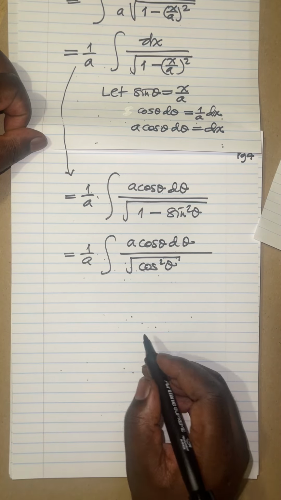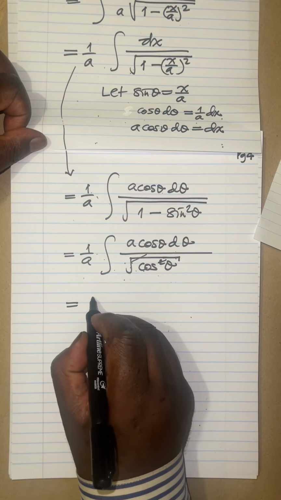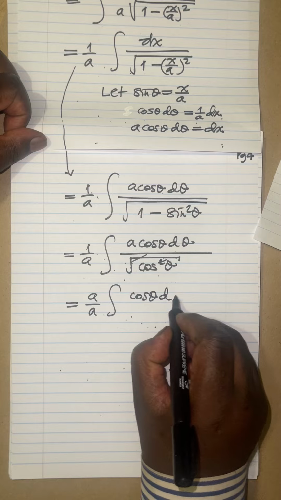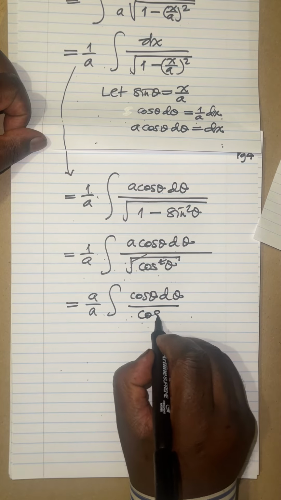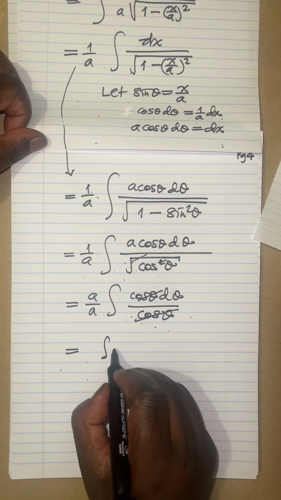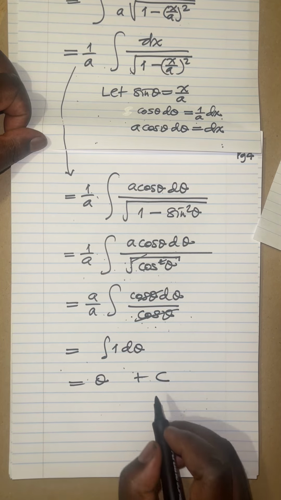And what is the square root of cos squared theta? Well, this cancels that. So what we have now is, take a outside, a over a, the integral of cos theta d theta all over cos theta. And these cancel, and outside here you have 1. So just the integral of 1 d theta, and the answer is theta. And I have to say plus c.